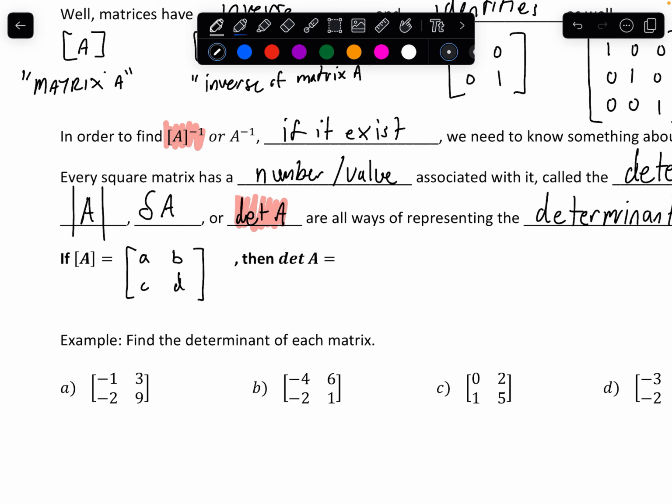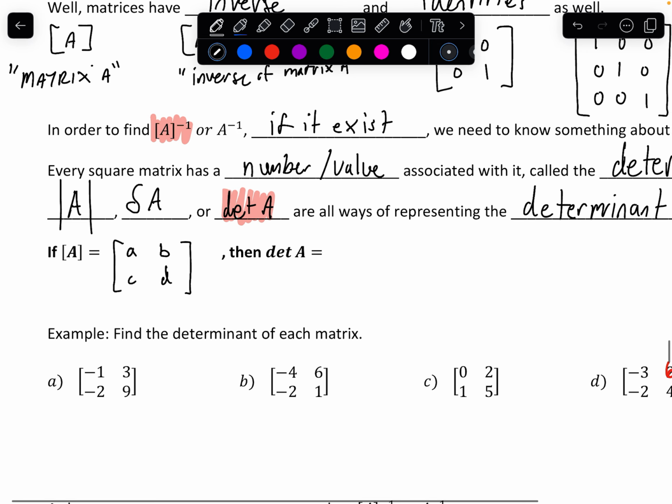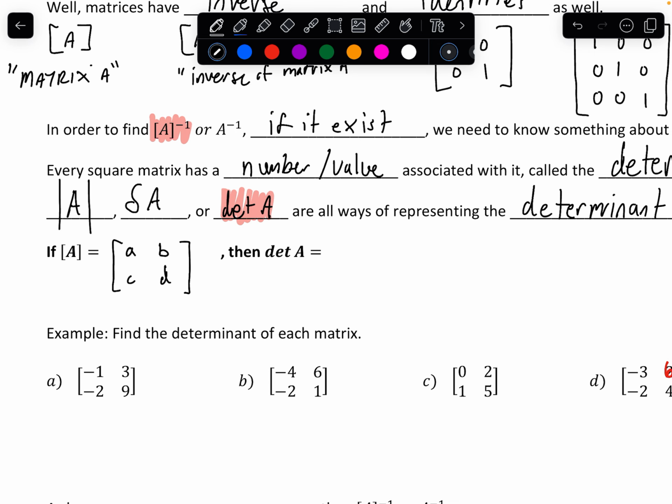Okay, so if the matrix was arranged like that, then the determinant of A is a very simple formula. And it's something you will need to know.